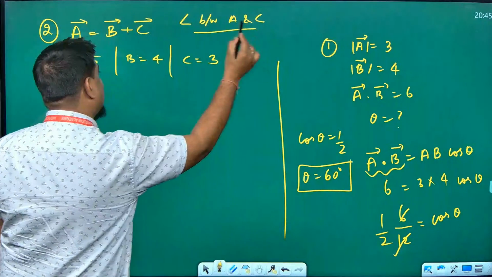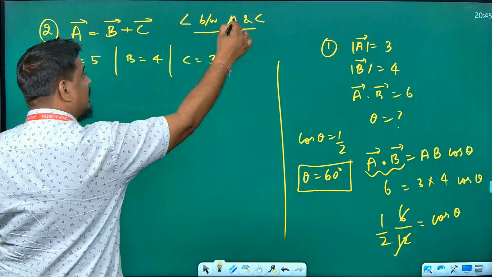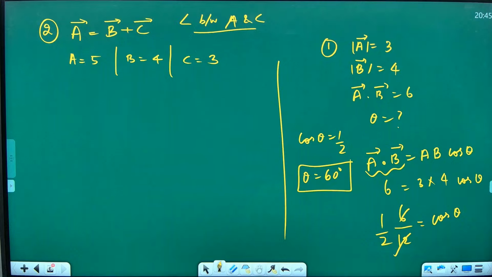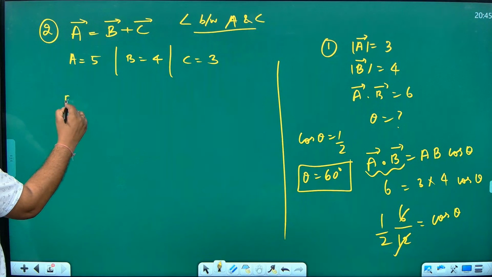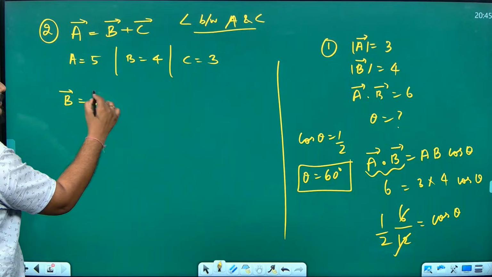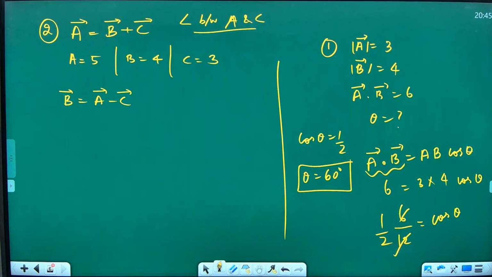Now everybody please pay attention. It's a very good question which will be the base of this kind of questions. They are asking you to find the angle between A and C, not A and B, not B and C. So to get the angle between A and C, you have to write in terms of A and C. So B vector is equal to A vector minus C vector. Can I write like this?